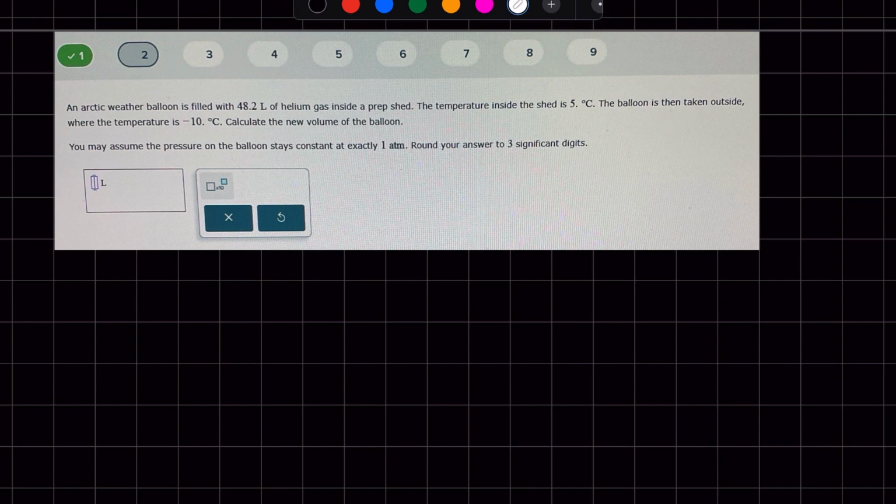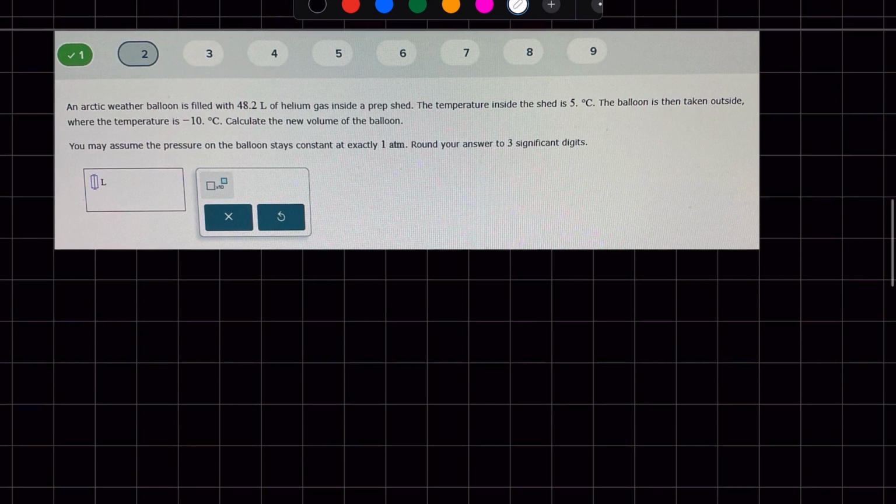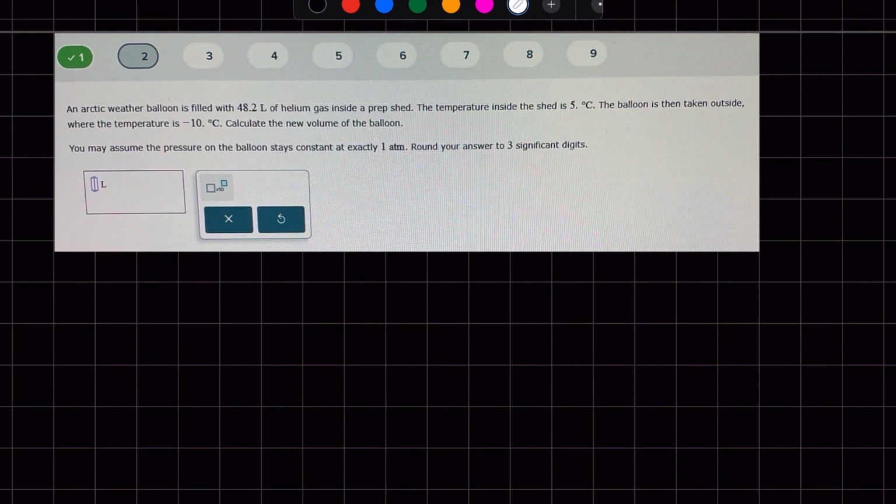So like I said, the first thing to do with these kinds of problems is just to figure out what law you're using. So in this equation, we're going to be using Charles' law. So Charles' law is simply V1 over T1 is equal to V2 over T2.